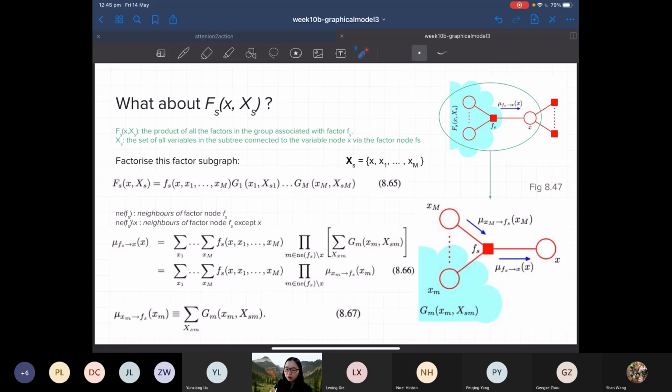So here we go. We start from the factors we already defined, basically the message from f of s to x. Remember we were summing over the capital X of sub s, which is x union these children of fs. We wanted to keep lowercase x, so we're only summing through x1 through xm. We plug in the equation above. The first term is a factor, and then a product of these g terms.